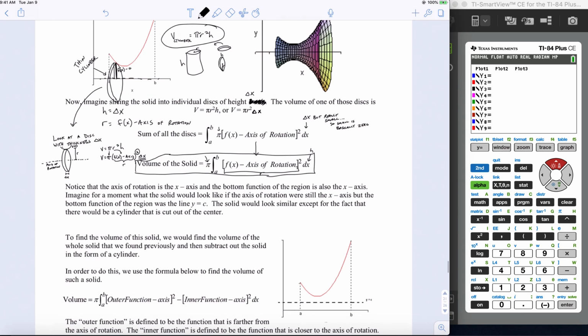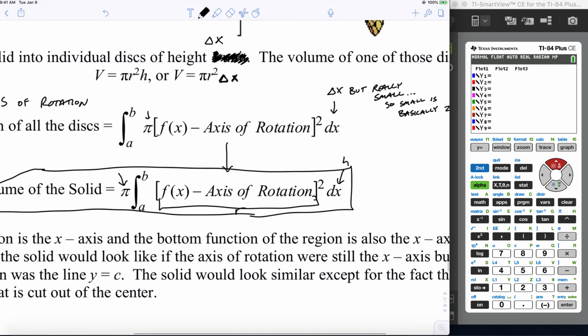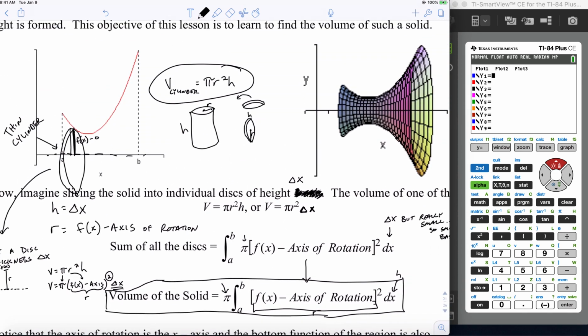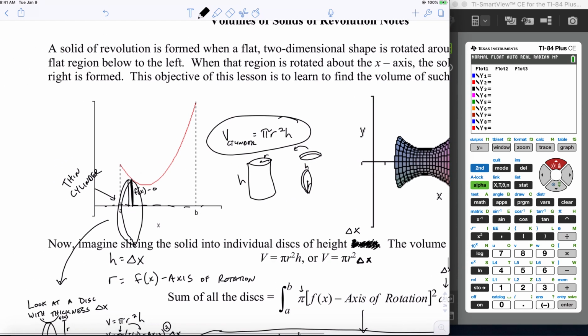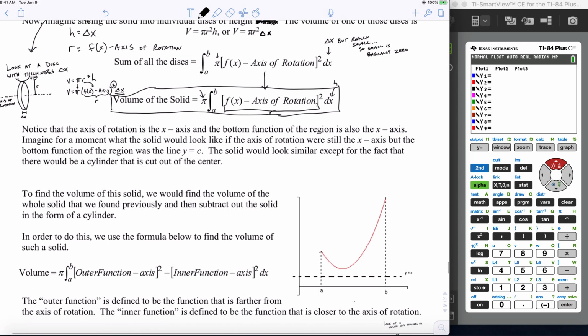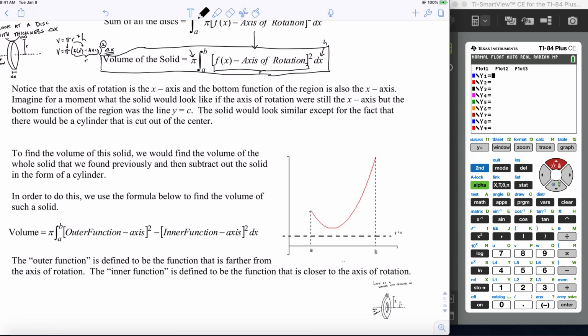All right, so anything else I want to mention before we move on here? We didn't have a function for this curve, so we can't actually calculate its volume. All right, so notice that the x-axis is the axis of rotation, and it's also the bottom of where our area goes until. But we can move either one of those two lines.